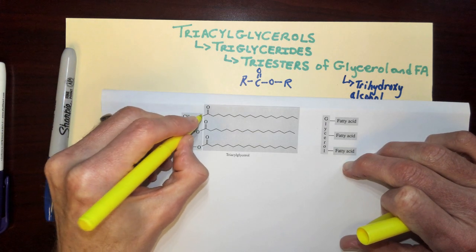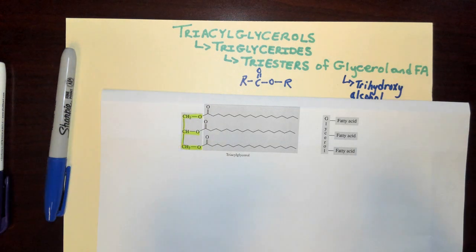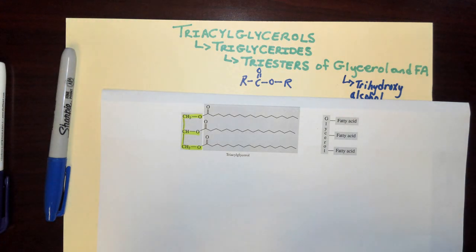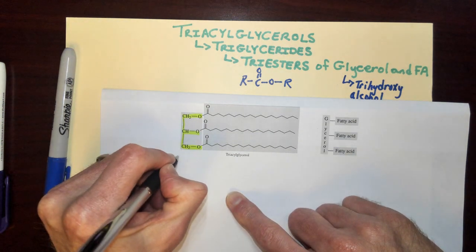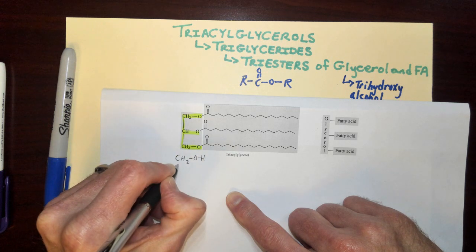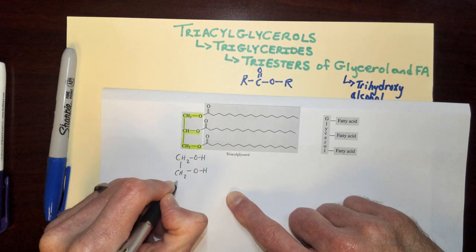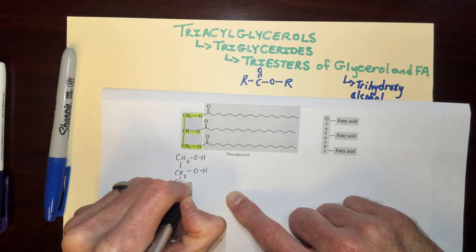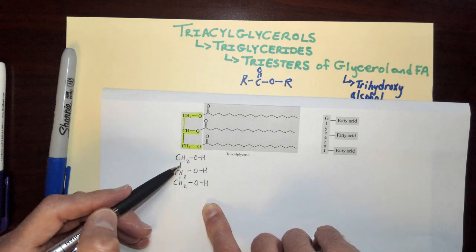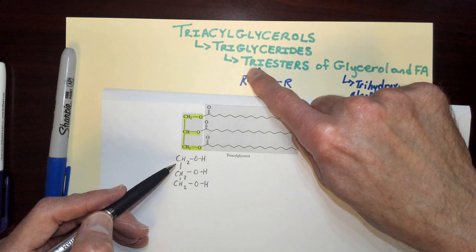So this is our glycerol portion, and glycerol is an alcohol, so originally, before it comes together here, it's CH2OH, CHOH, CH2OH. So there's the alcohol with 3 fatty acids. That's where the triester comes from.